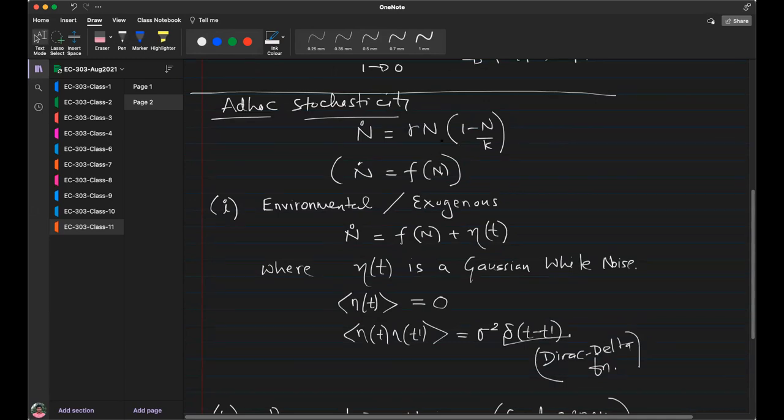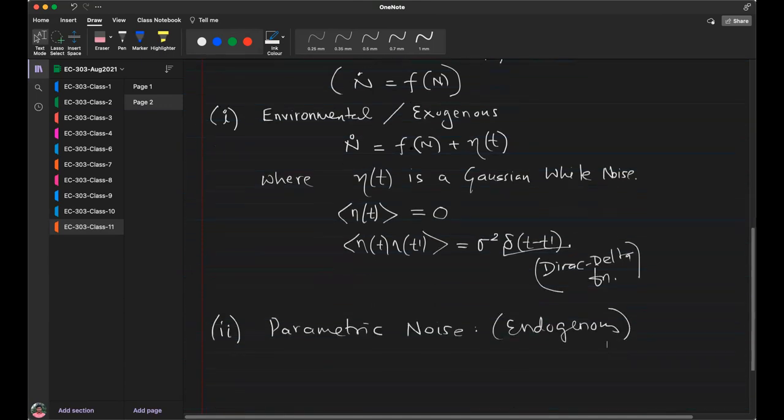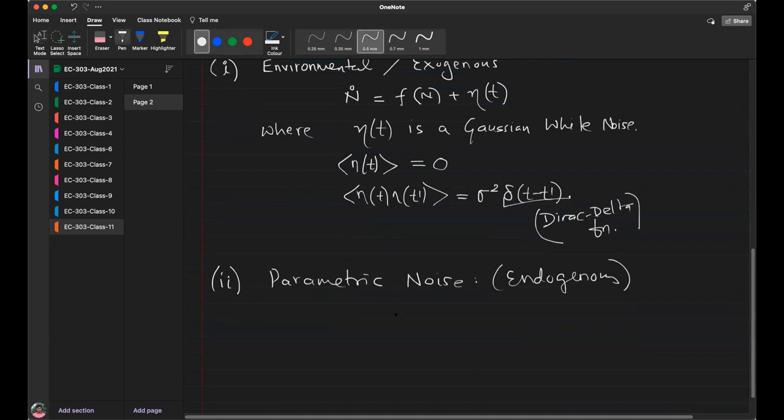We know that n dot is equal to Rn times 1 minus n by k. R comes from the birth and death processes. We can argue that R is a consequence of stochastic birth and stochastic death. Therefore, R must be stochastic. R is not a constant value. So therefore, let us do the following. One will say R is equal to some mean value R0 plus eta t.